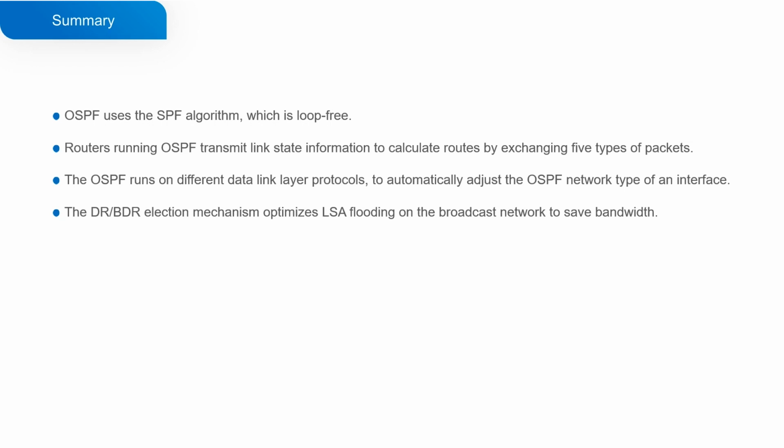Okay, and the second is that the routers running OSPF transmit link state information to calculate routes by exchanging 5 types of packets. We use the hello packet to establish, maintain, and keep the neighbor relationship. The second is the DBD, right? We use the DBD to elect the master and slave, and to exchange the LSA list information, to find which LSA I don't have by comparing the LSA list.